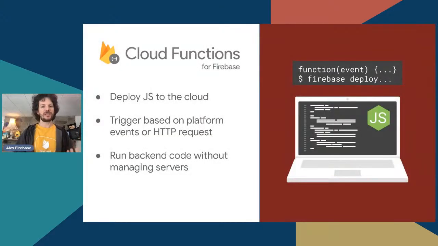Cloud Functions, and this is the main way to extend the functionality of Firebase. It allows you to deploy JavaScript or TypeScript to the cloud, run by triggers based on platform events or HTTP requests. It's up to you how you want to trigger that code. And most importantly, when you set up a trigger that's based on an event in the system, like a Pub/Sub or a document change in Firestore, you know that will trigger this function automatically.